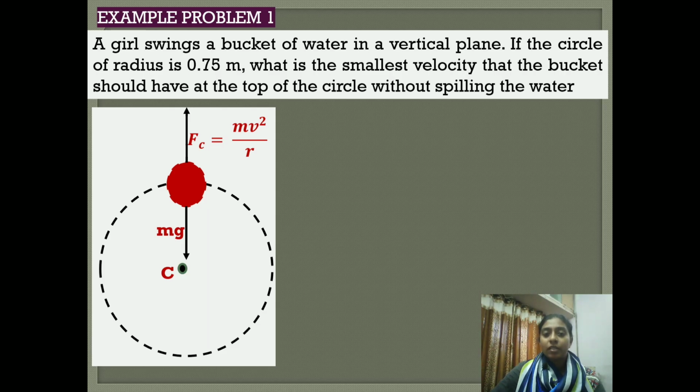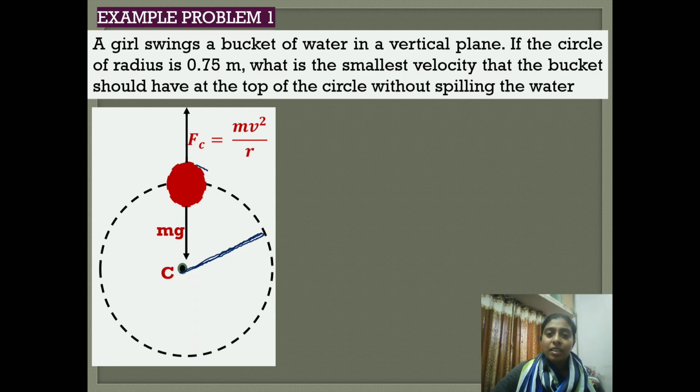The motion is a circular motion, and the radius of this circular curve is 0.75 meter. What is the smallest velocity that the bucket should have at the top of the circle?